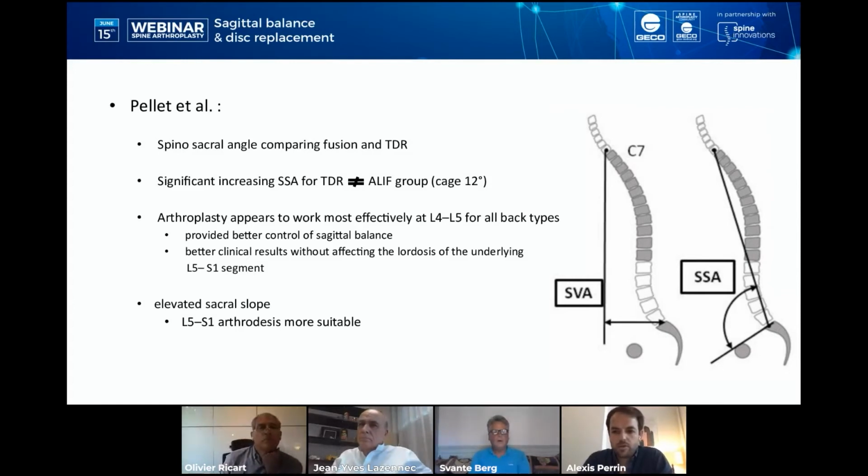So he concluded that arthroplasty appears to work most effectively at L4, L5 for all back types because it provides a better control of sagittal balance and better clinical results without affecting the lordosis of the underlying L5S1 segment. He advised, for elevated sacral slope, to use L5S1 arthrodesis, which seemed to be more suitable.